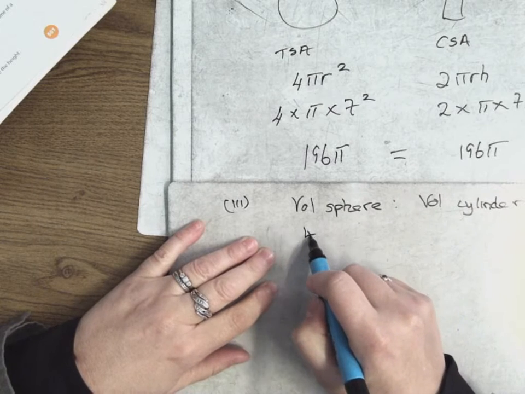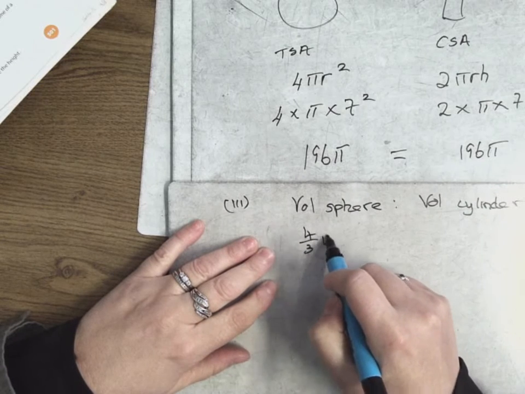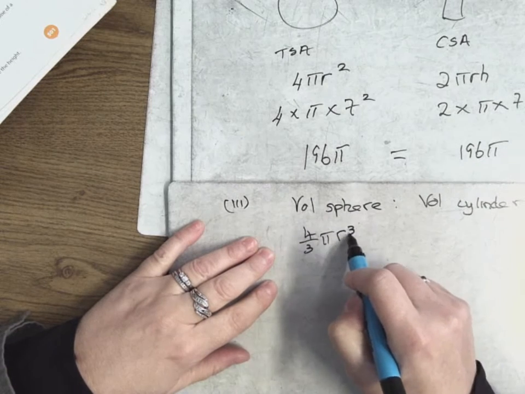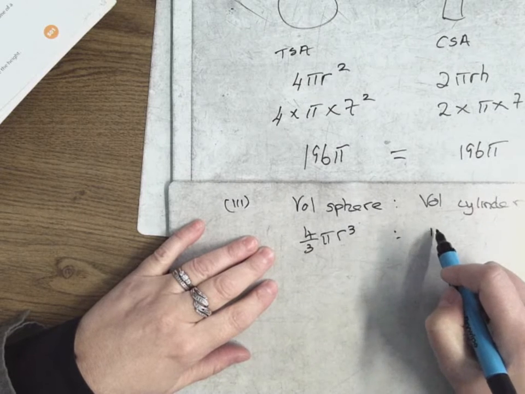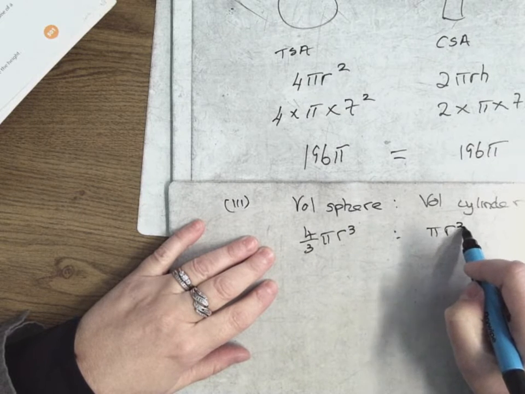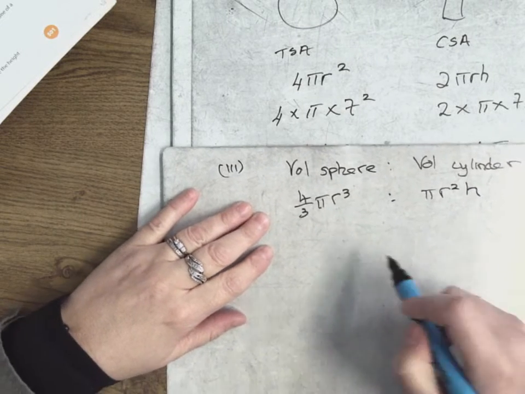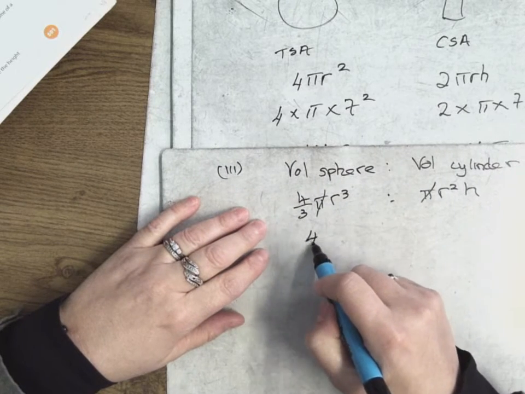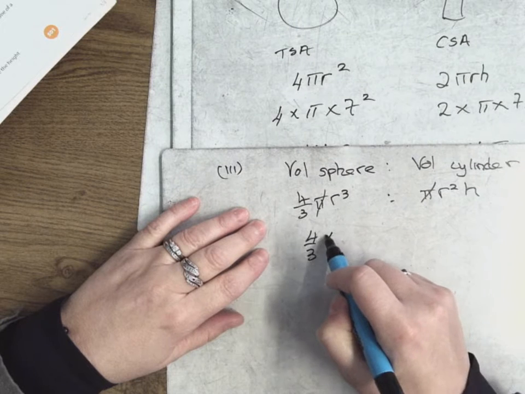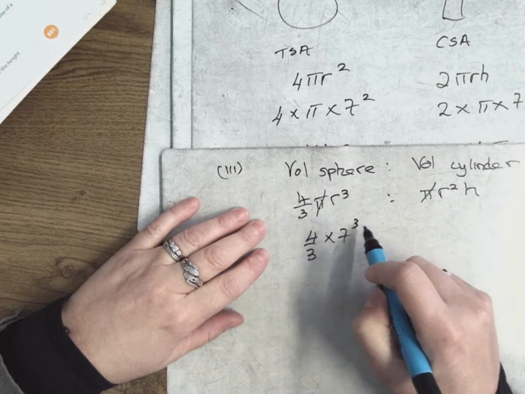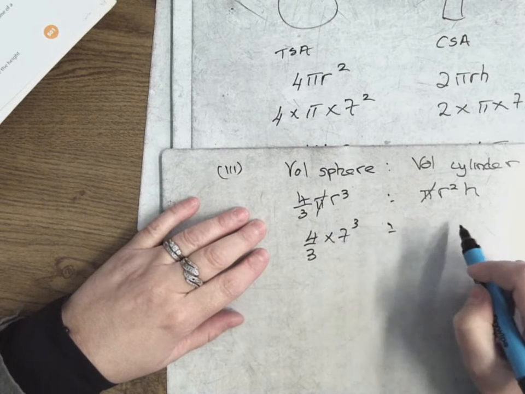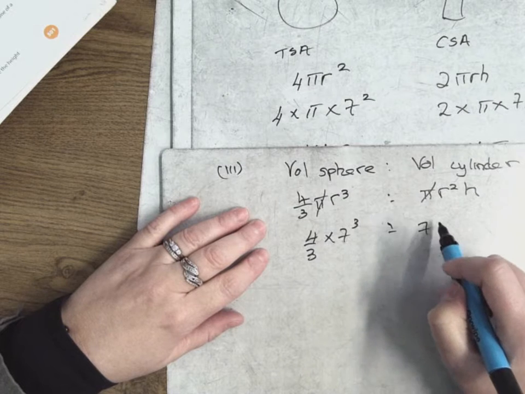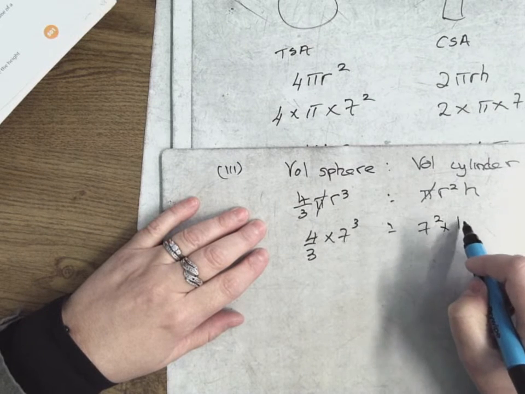It's 4/3 pi r cubed, is to the volume of the cylinder, pi r squared h. There's a pi on each one, knock them off and then fill in what you can. So 4/3 multiplied by 7 cubed is here, is to, over this side it's 7 squared multiplied by the height, which is 14.